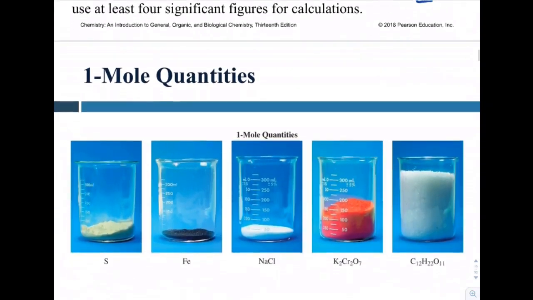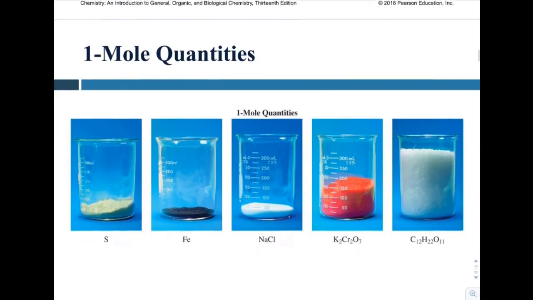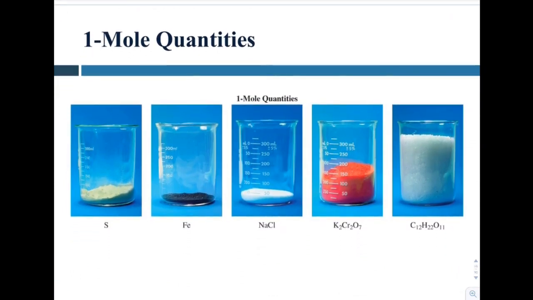So here's what 1 mole looks like of certain things. And so 1 mole of sulfur weighs about 32 grams. A mole of iron weighs about 55 grams.